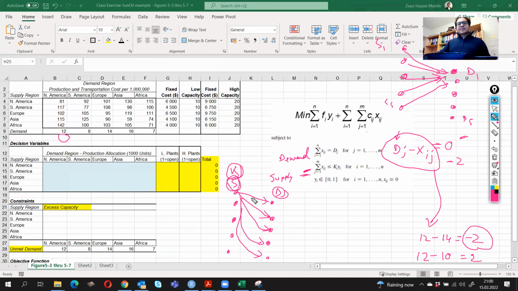Sum of all xij for each of the supply locations has to be less than or equal to ki. So if we again want to move all the decision variables to one side, then we can convert it like this. So we can say ki and then yi minus xij.